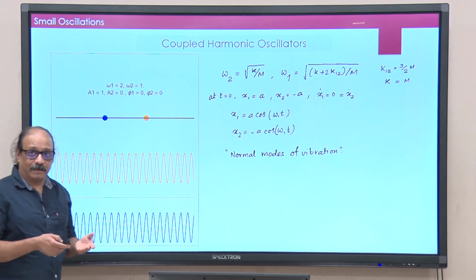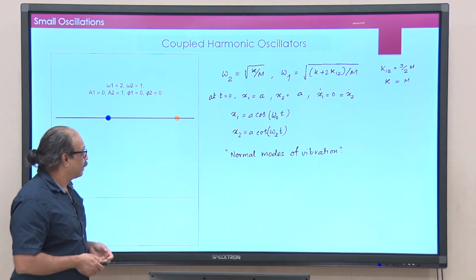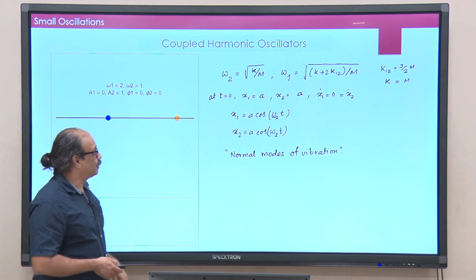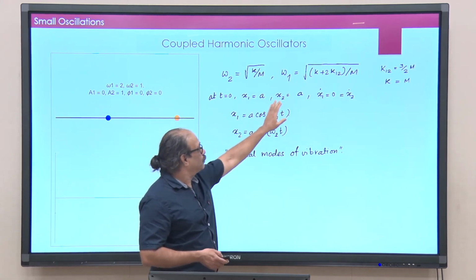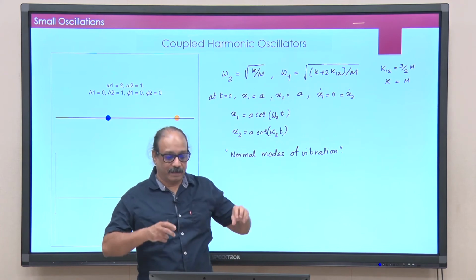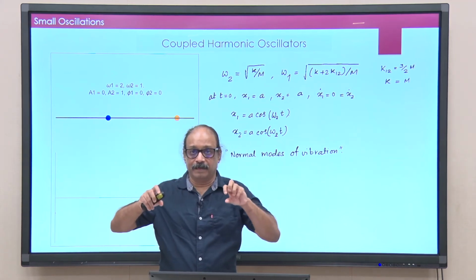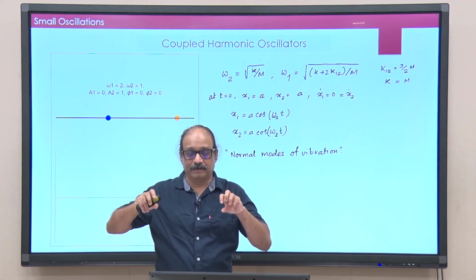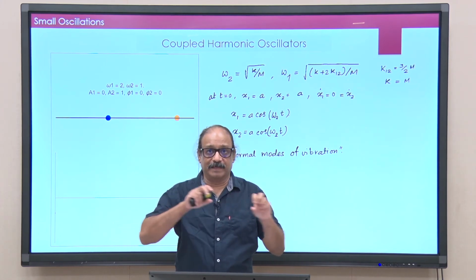The second normal mode is basically the one in which you take both these bobs and move them towards right or towards left, but by the same amount.